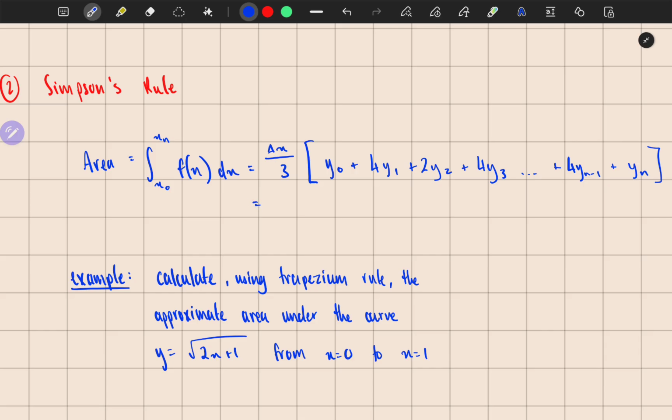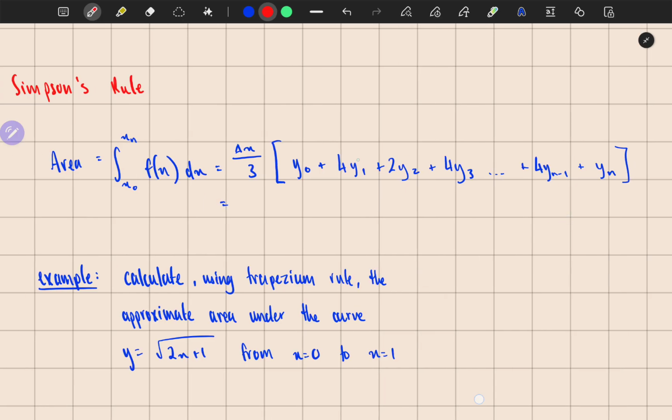That might look a little bit terrifying, but what you need to know here is that there's a 4 times the y value of an odd number, and then 2 times the y value of an even number.